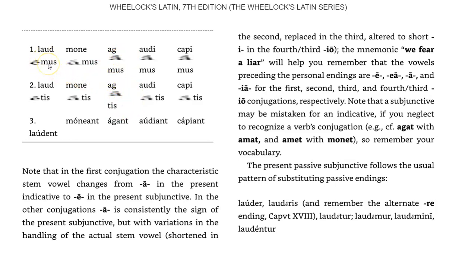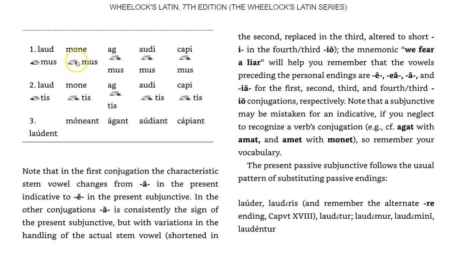laudare is a first conjugation verb that normally has a as its key vowel. But here we are substituting e as the key vowel. Second conjugation, normally it's e as the key vowel in the indicative. Here we're going to use ea.